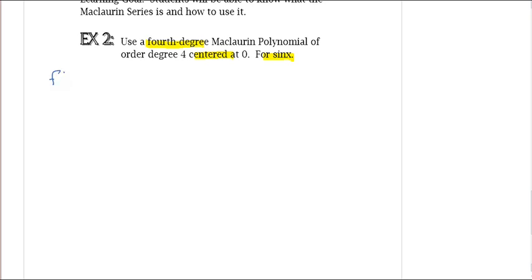So f of c over 0 factorial times x minus c to the 0 power, plus f prime of c over 1 factorial times x minus c to the first. Let me fix this x. Kind of got away from me.